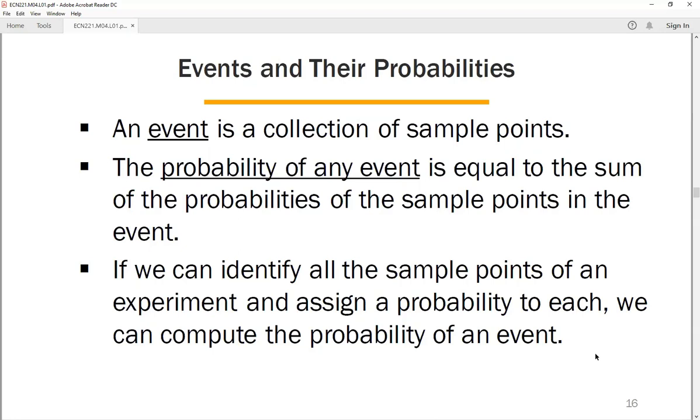Those are 2 different sample points. They come together to be the event of green. So the probability of any event is equal to the sum of these probabilities. In that case, instead of 1 over 38 plus 1 over 38, it's 2 over 38. If we can identify all the sample points, then we can assign a probability to each of them, and we can compute the probability of an event that's comprised of multiple sample points.